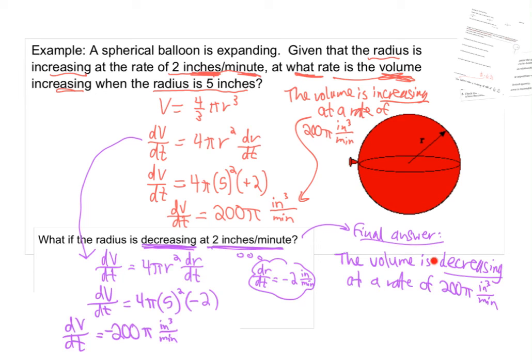It's because the word decreasing is the same as the negative sign we got in our work over here. So when I say it as a sentence, I should say it this way: the volume is decreasing at a rate of 200 pi inches cubed per minute. And then if I wanted to know what dV/dt is, I have to make sure that I write dV/dt as a negative quantity. Okay.